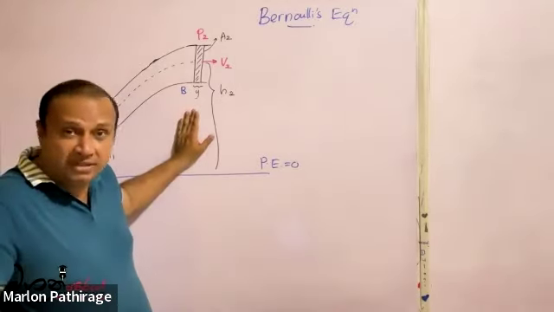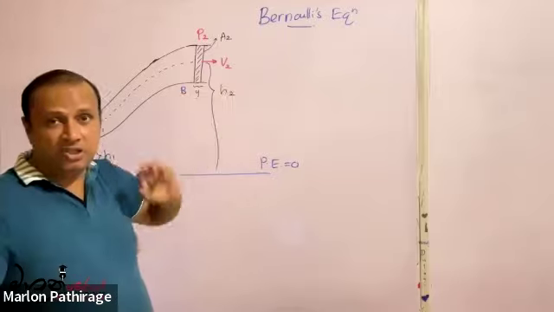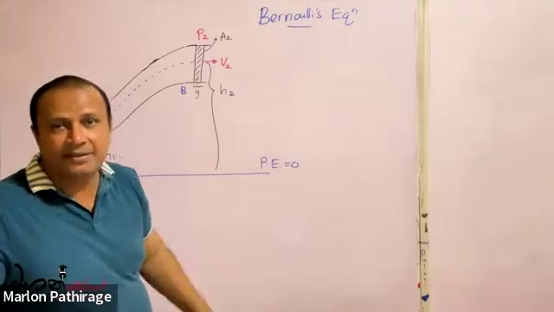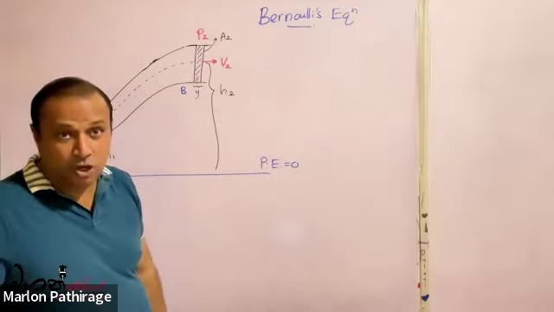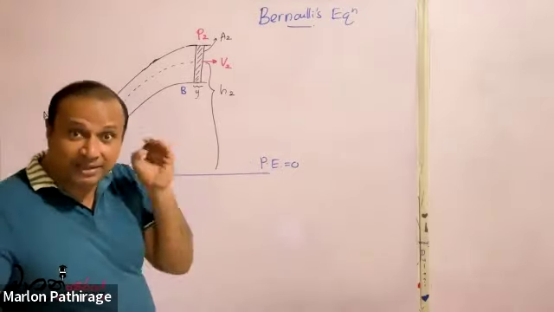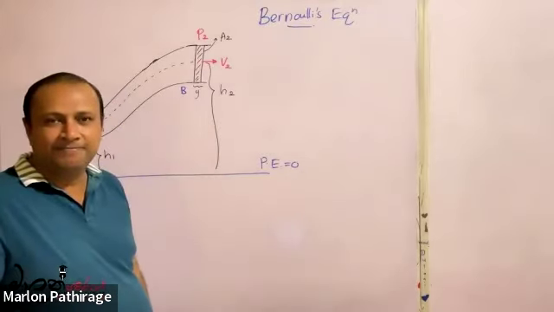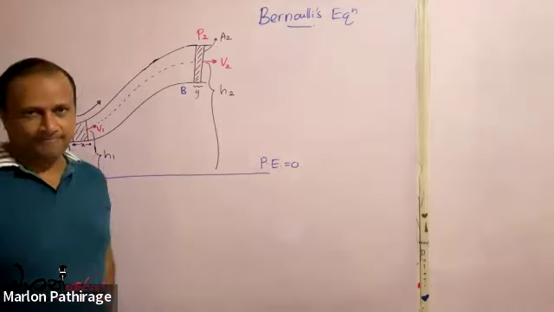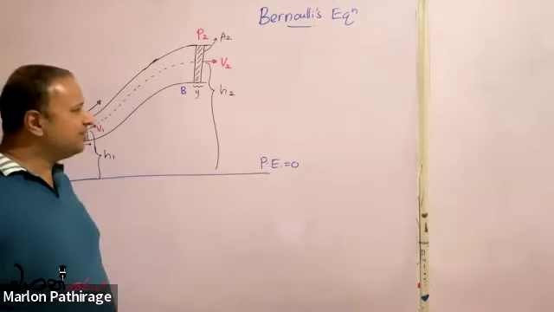Due to that work done, the kinetic energy as well as the potential energy of that fluid particle is changed. My question is, what is the reason and what is the factor that changes the kinetic energy and potential energy? Who did this?